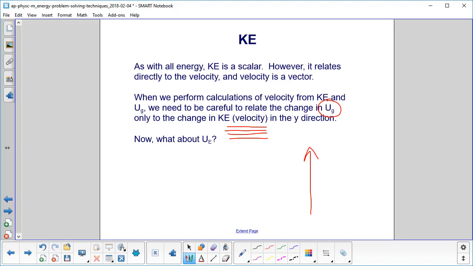So what we're saying is if an object's moving like this with a certain amount of kinetic energy, and a velocity of course, all we count is the velocity in this direction when we try and relate it to potential energy.